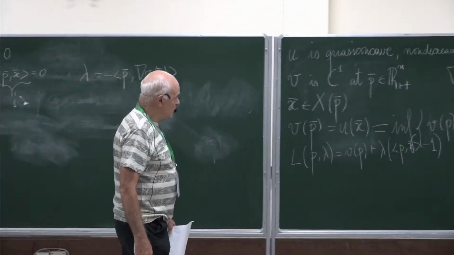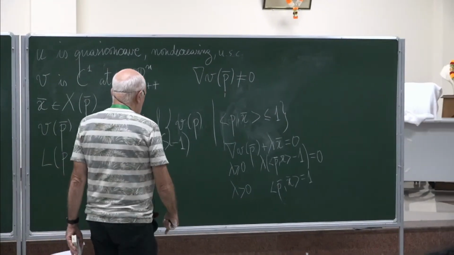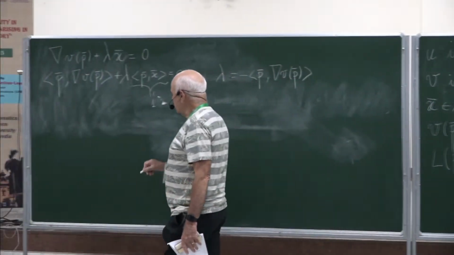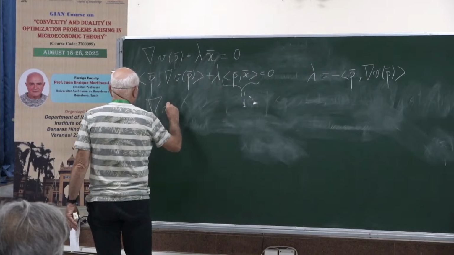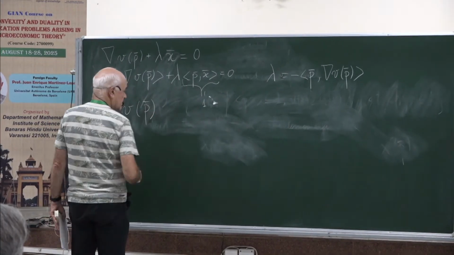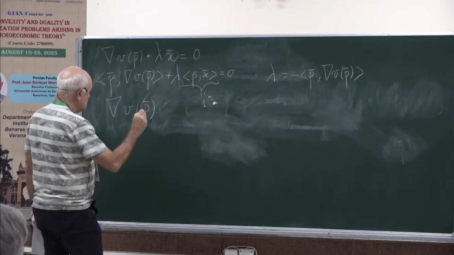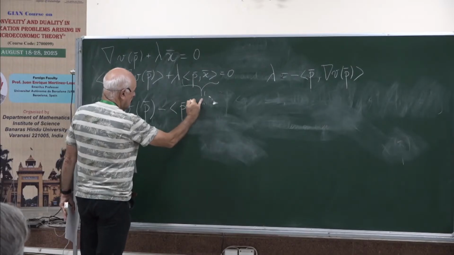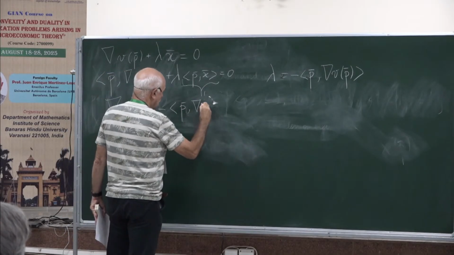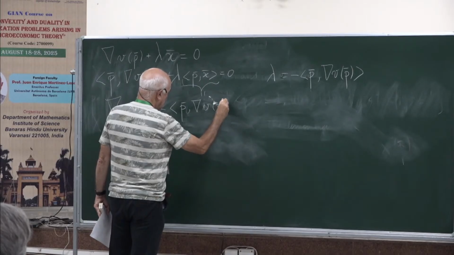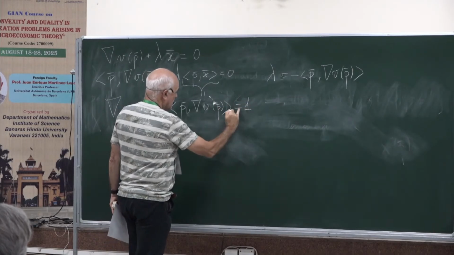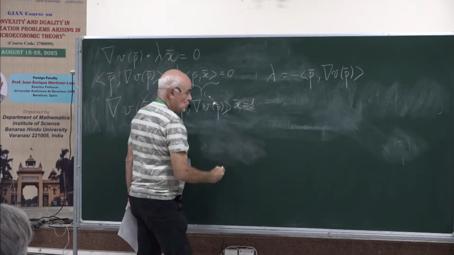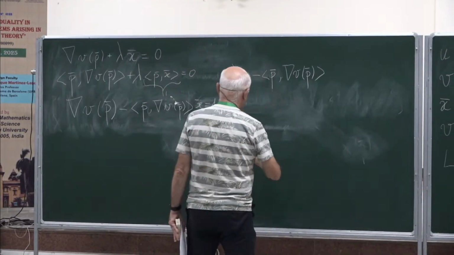So we have almost finished. Then we come to this equation and get that the gradient of V of P bar plus lambda, we already know lambda, times X bar is equal to 0.